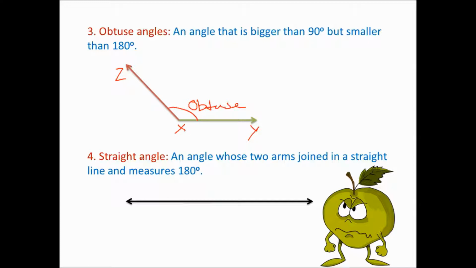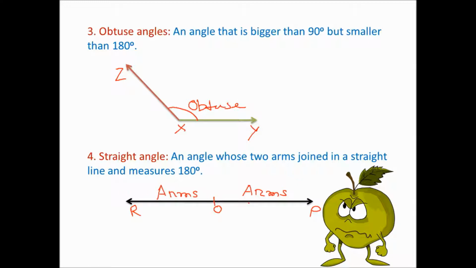Next is our straight angle. So an angle whose two arms joined in a straight line and measures 180 degree. Now this is very important. See, if this is O, this is P and this is R, then OP and OR are two different arms. Please remember this, that these two are the two different arms.